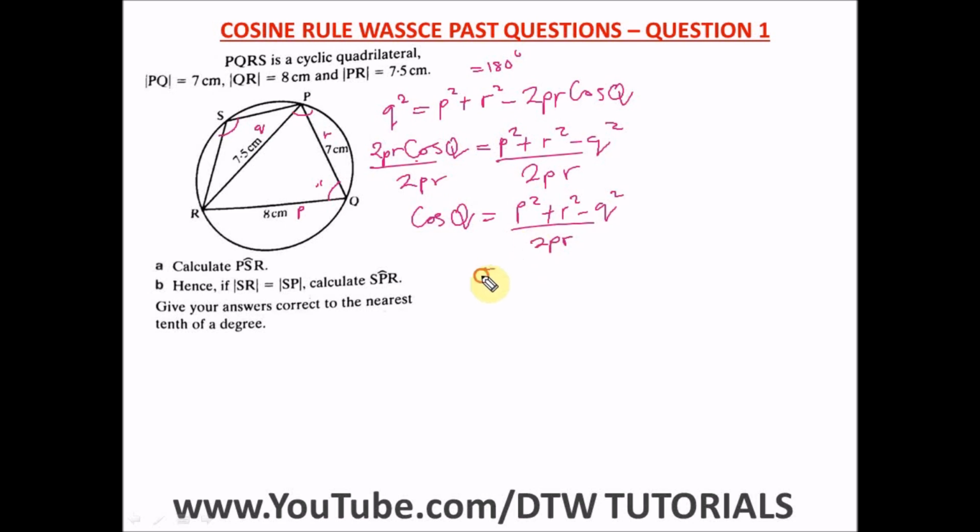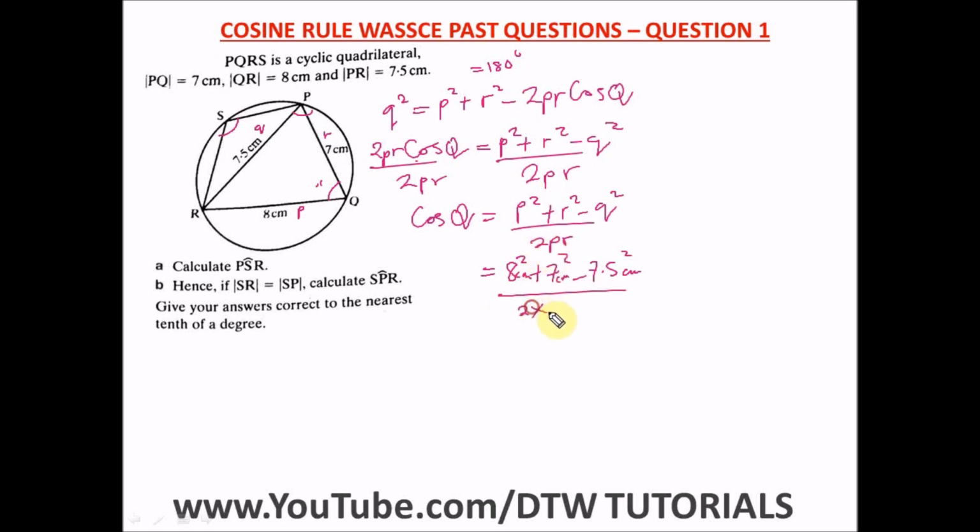Okay, so from here we can put in our values now. What's P? P square is 8 square, plus what is R? R is 7 square. And what is Q? Q is 7.5 square. Remember your centimeter. If this is a theory question, please put your unit of measurement.